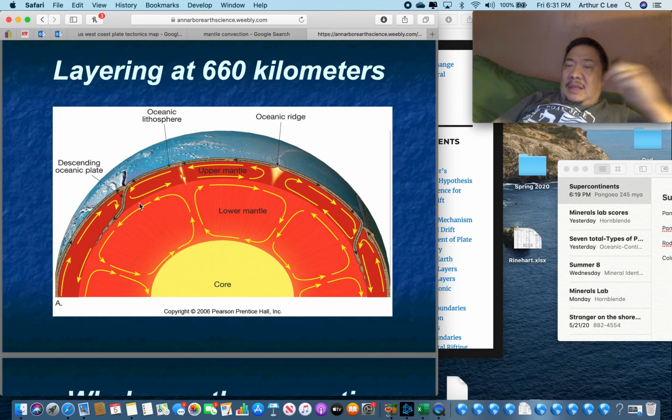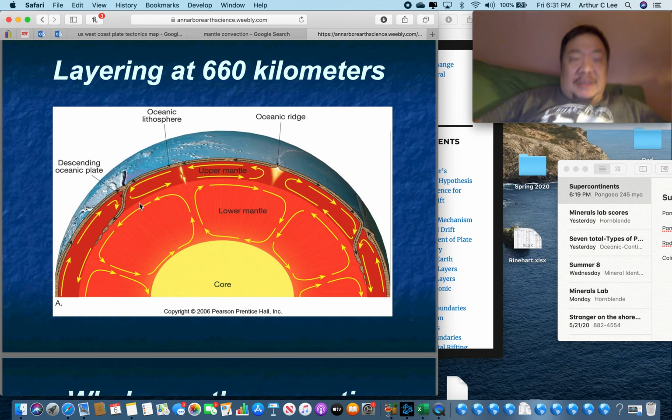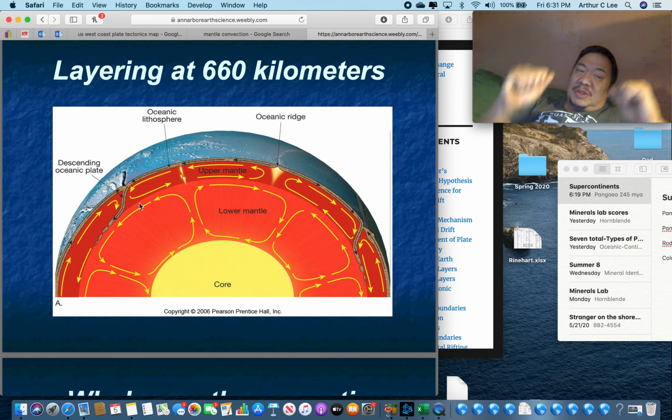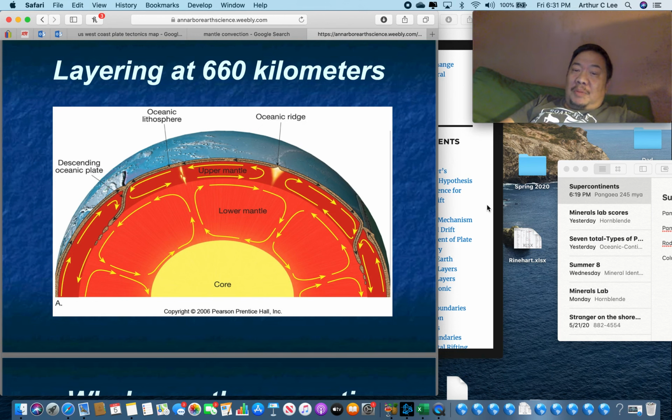Why is it that the deeper you go in the earth, the hotter it gets? Well, it's because of radioactive isotopes, natural radioactivity in the earth. It's radioactive decay within the earth that produces the heat, and the heat is moved by these convection currents, and that pulls apart plates or pushes them down or moves them next to each other in the case of a transform plate boundary.